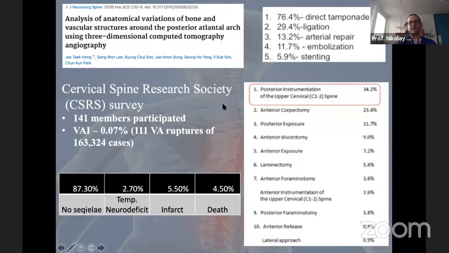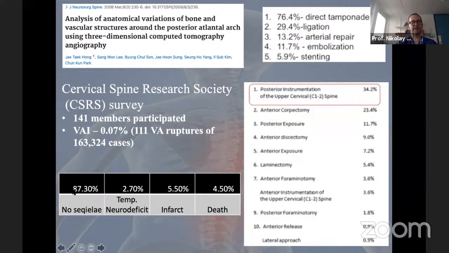The surgery that was giving the biggest number of vertebral artery rupture was the posterior work on the C1, C2 segment, but see the second one. The second one is the anterior corpectomy. This is something that not everybody appreciates, and quite often people dive there and they have surprises. Luckily, vertebral arteries are forgiving.